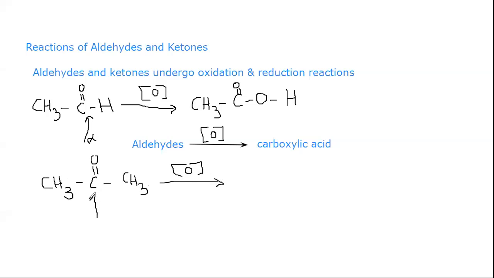This is my alpha carbon, and we don't have any hydrogen on the alpha carbon. Everyone see that? Because in order for alpha carbon to undergo oxidation, it needs to lose hydrogen. But there is no hydrogen on this alpha carbon in ketone. So the product is no reaction. So ketones don't undergo oxidation.